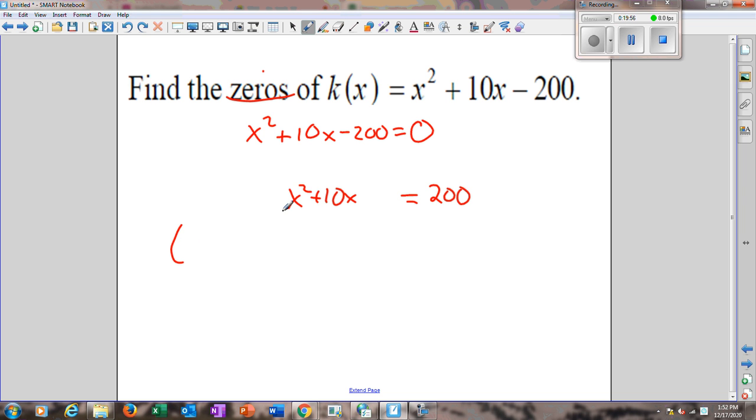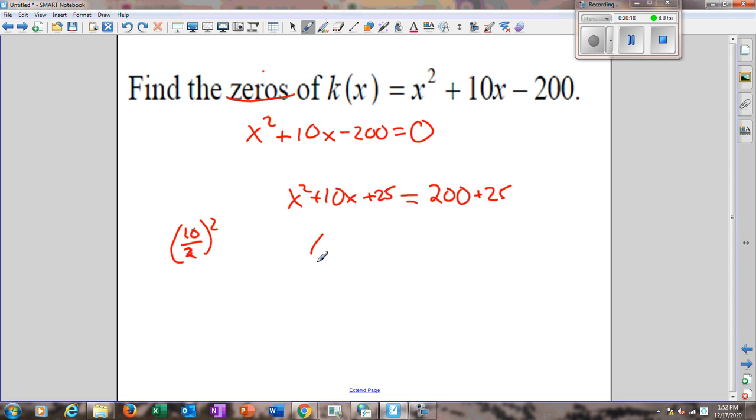Now complete the square. Take my b value, 10, divided by 2, squared. 10 divided by 2 is 5. Squared is 25. Add 25 here and 25 here.